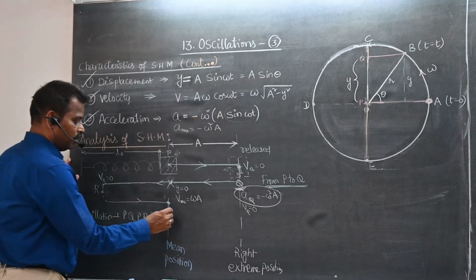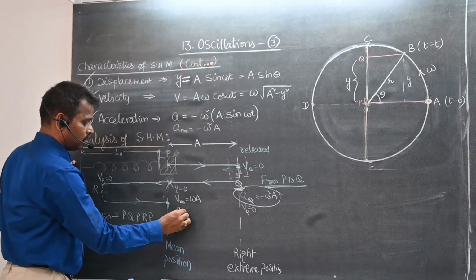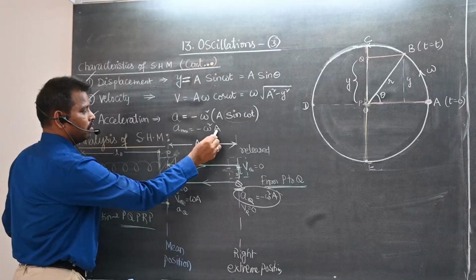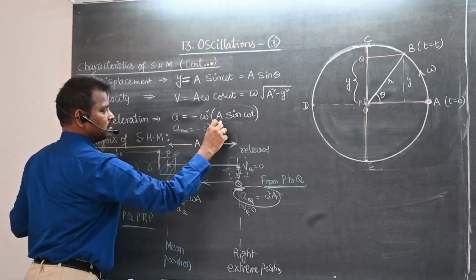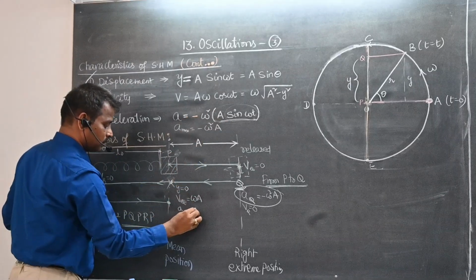So what is the acceleration here? What is the acceleration at P? What is the displacement? 0. So omega squared times 0 is 0. Acceleration is 0.